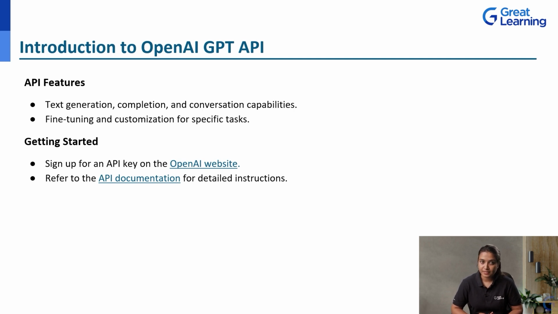After $5 of content, you have to pay in order to improvise your API key usage, right? If you want to know more about what is OpenAI, how it helps for GPT API, everything, you can just go to the official API documentation and understand more about this.